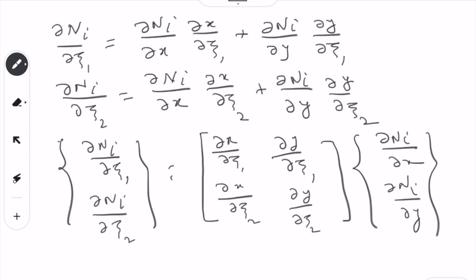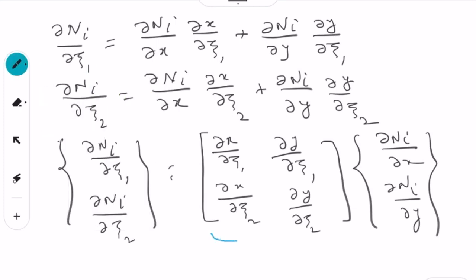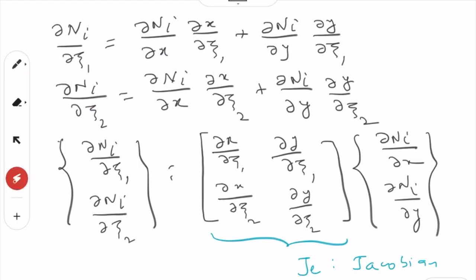And this is what the Je is. This one is Je, the Jacobian matrix. So we can see here finally what we need to get.